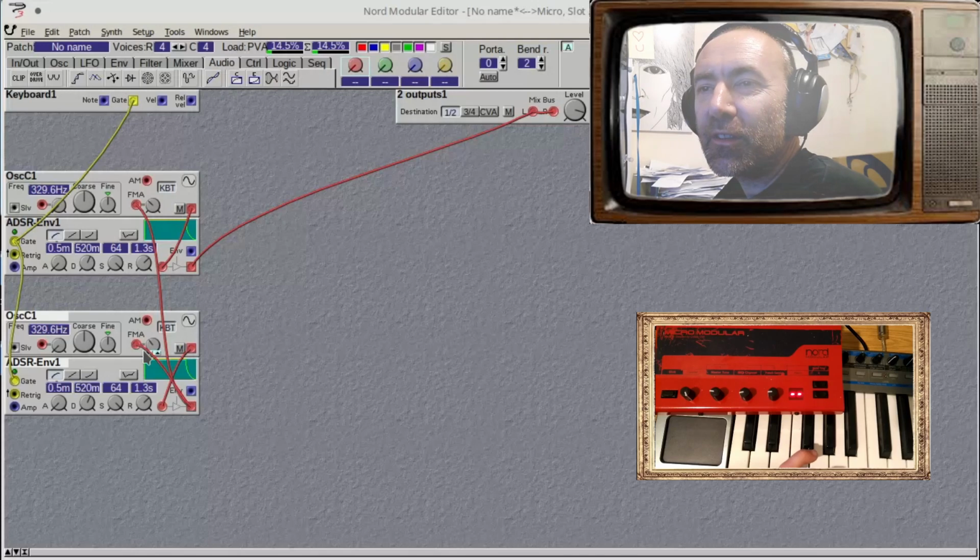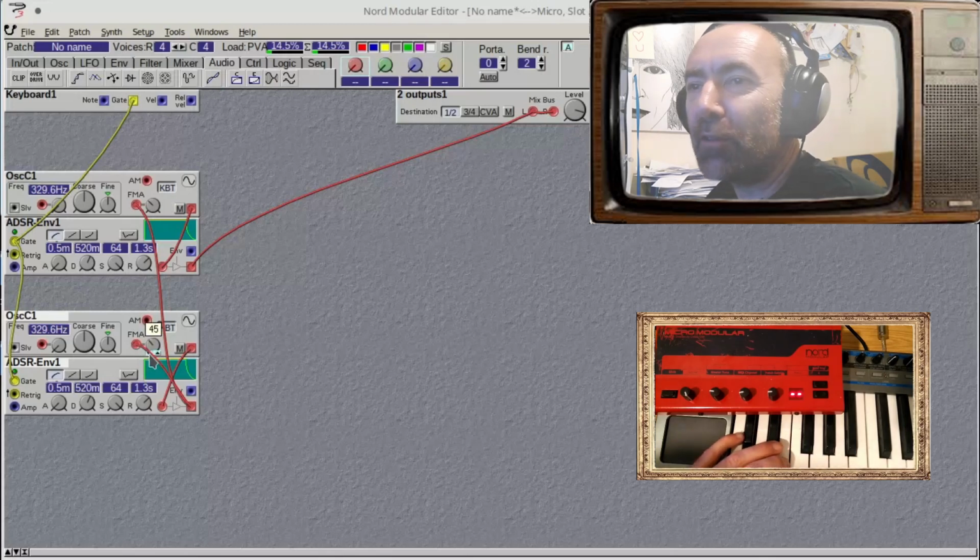Sometimes you get some unexpected tones. This one's nice. Very rich, deep, sub-bassy sound.